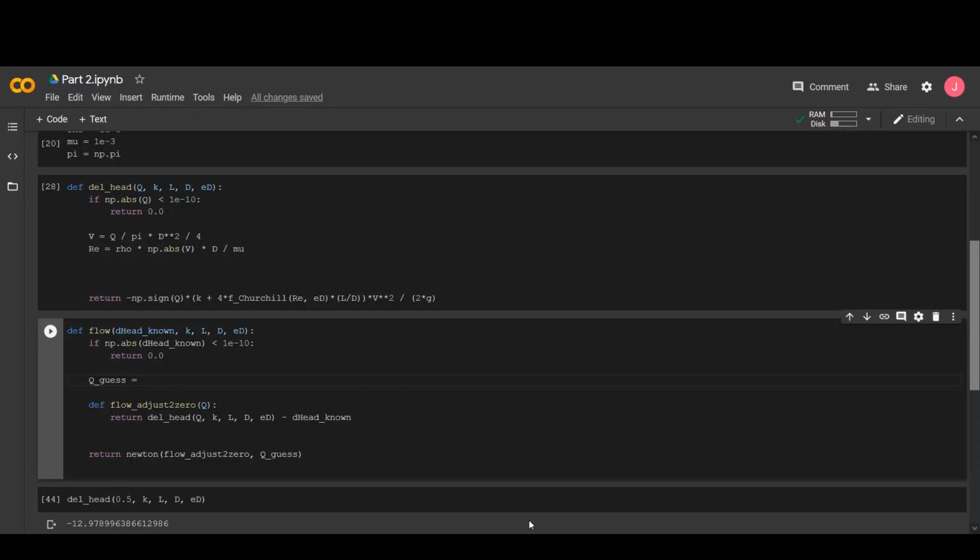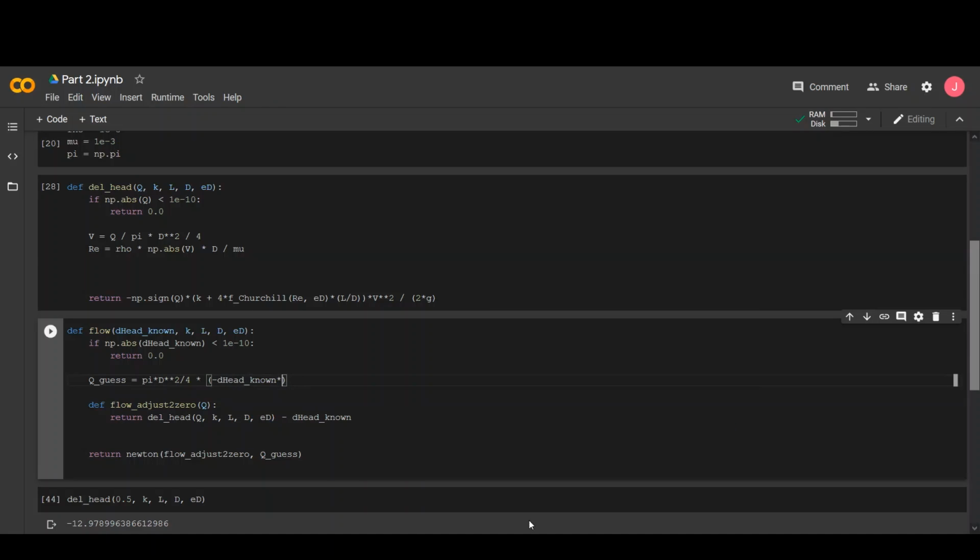Of course, the first thing we're going to be multiplying this velocity by is an area. So first we're going to want pi times our diameter squared over 4. And now this is going to be multiplied by what our velocity is going to be. So we're going to have a negative, and what is our delta head in this case? It would be our known delta head, right?